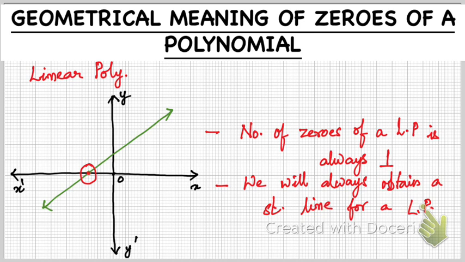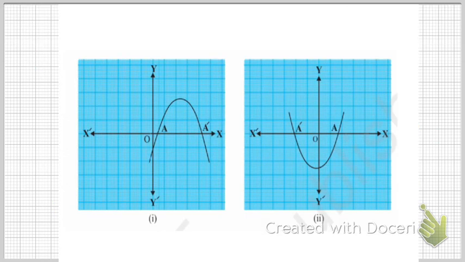Now moving on to a quadratic polynomial. What if you have been given a quadratic polynomial? You have been given two graphs over here, and these graphs are for a quadratic polynomial. Now how will you find the number of zeros for this polynomial? Considering the first graph, you can easily identify that the x-axis is being cut at two different points.